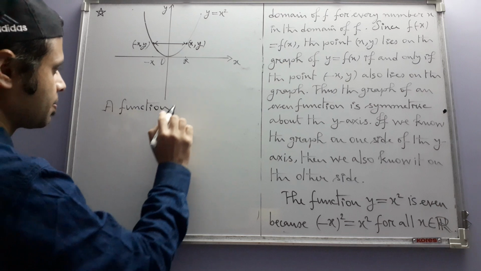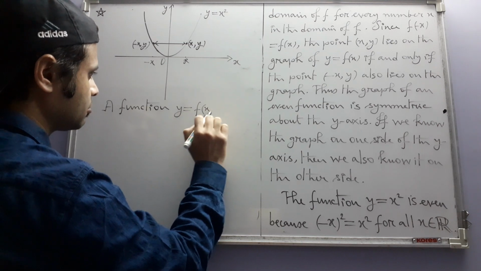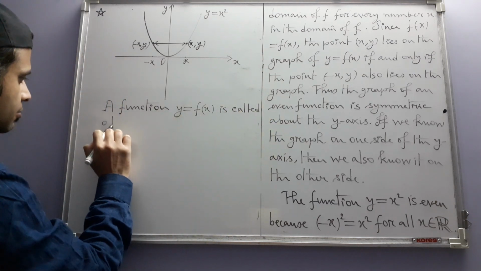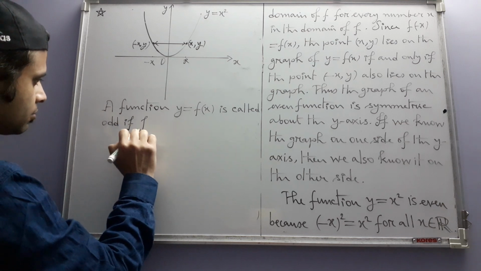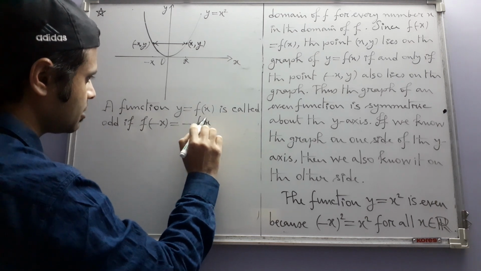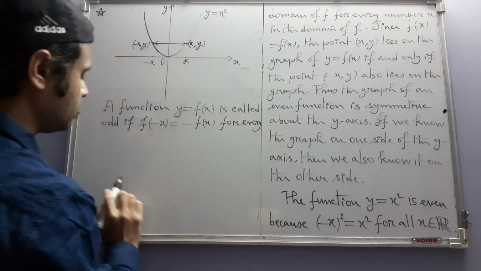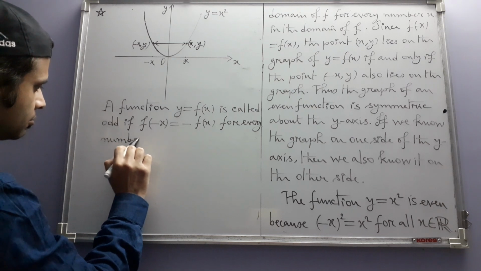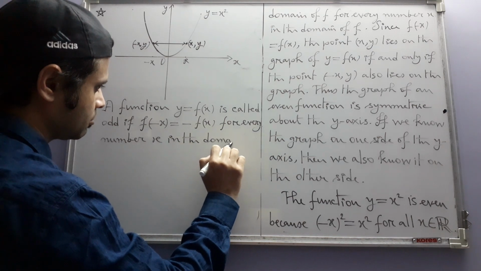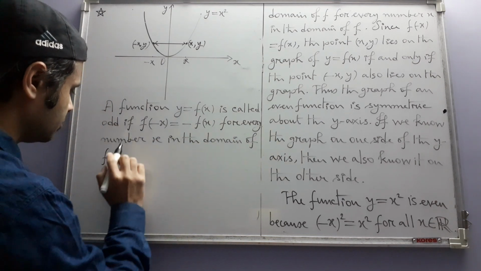A function y equal to f of x is called odd if f of minus x is equal to, this time, minus f of x, for every number x in the domain of f.